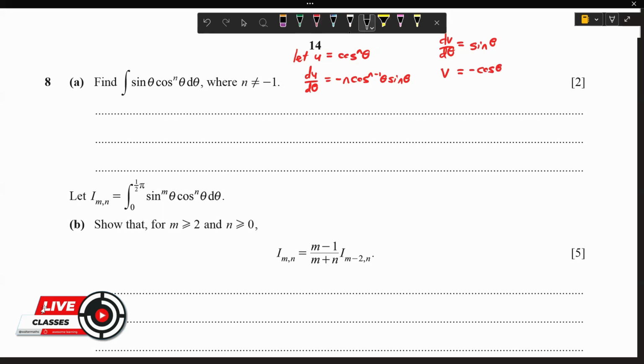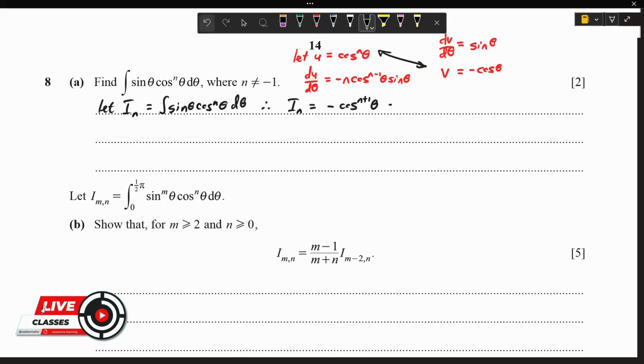And here I'll say let I sub n be equal to the integral of sine theta cos to the n of theta with respect to theta, which therefore means that I sub n is actually equal to, and now we apply integration by parts. So we will say uv, the product of these two, which gives minus cos to the n plus 1 of theta.